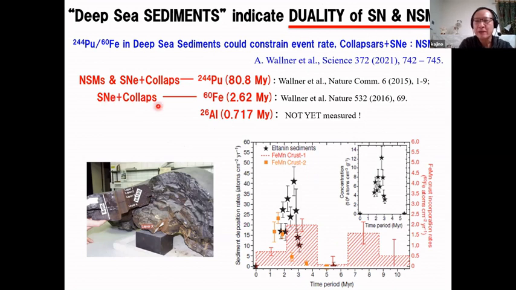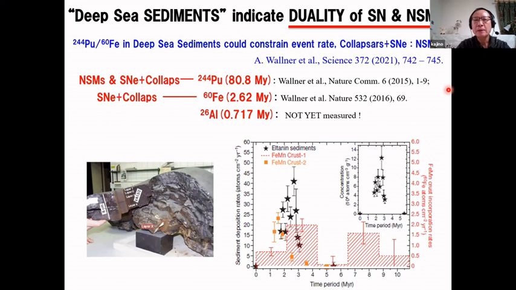So in the near future, if these elemental or isotopic abundances are observed in deep sea sediments, we would be able to discriminate these two events, and also constrain the event rate of neutron star mergers from the other supernovae.